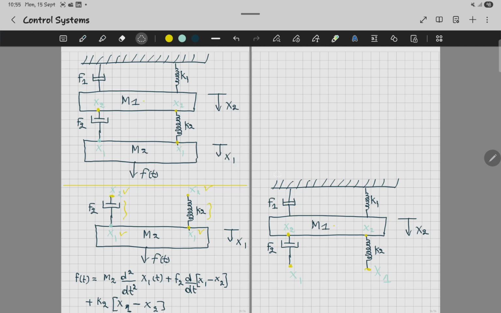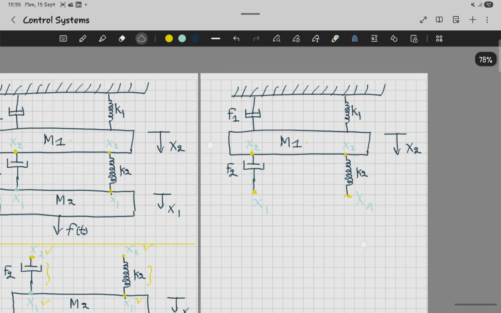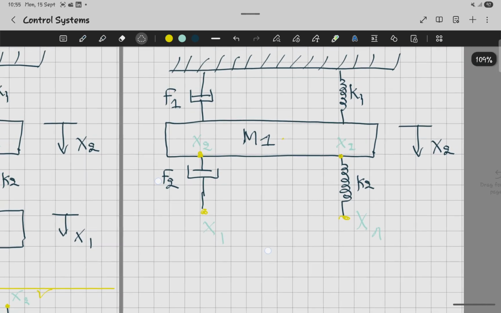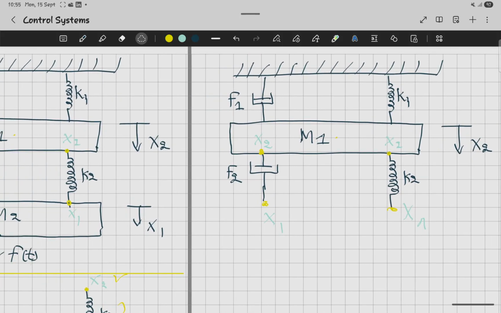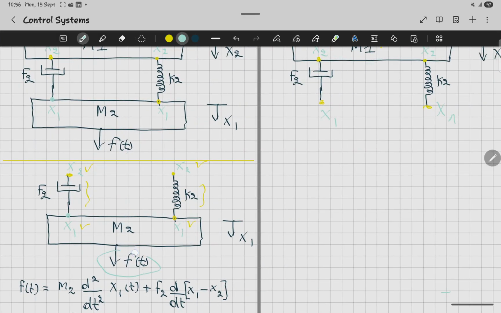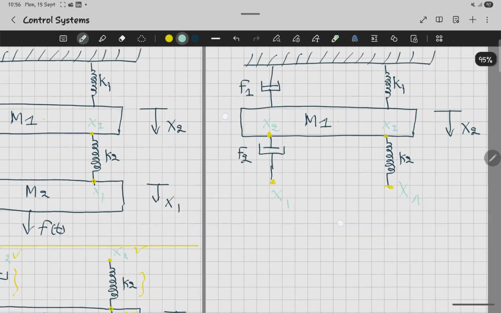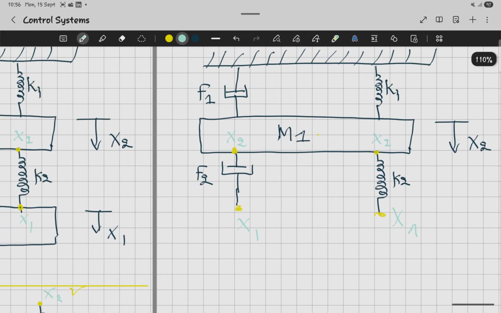So let's now solve m1. What you see for m1 is slightly similar to what we just did for m2. What we know is we don't have ft connected to m1, meaning instead of writing ft, we will write 0 equal.